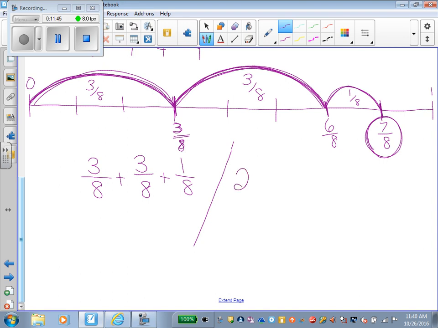So we have 2 times 3/8 plus our 1/8 out here to the side. And now we're going to put parentheses around the multiplication. This is showing order of operations. The parentheses tell us that we did that multiplication part first, didn't we? We jumped 3/8, 2 times, and then we jumped the 1/8.